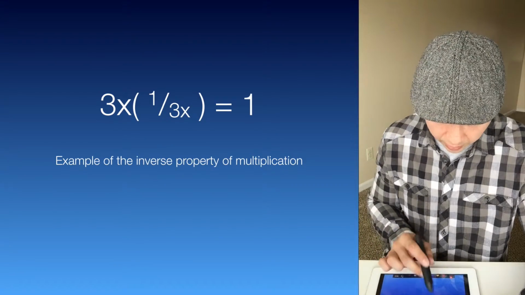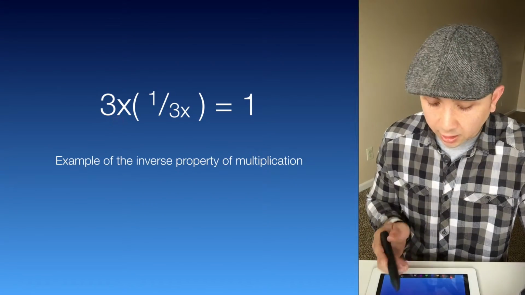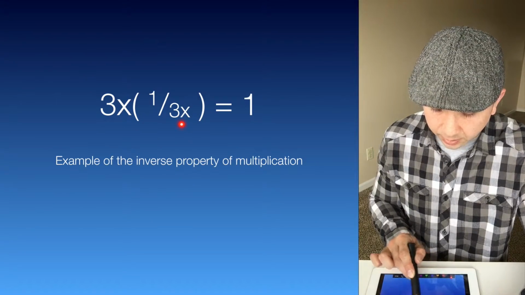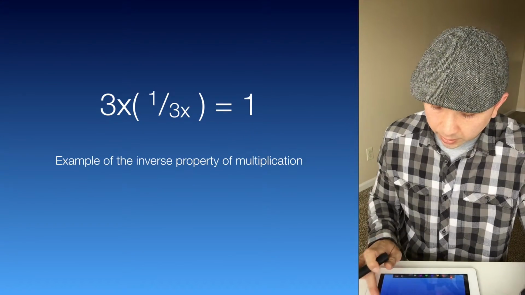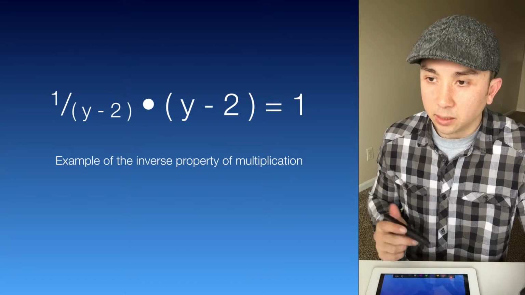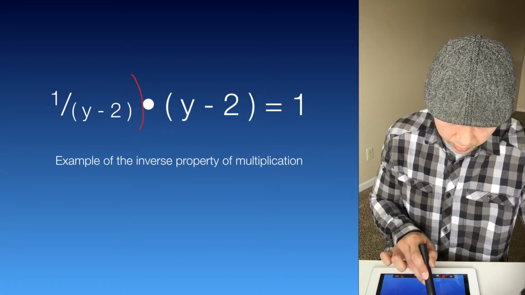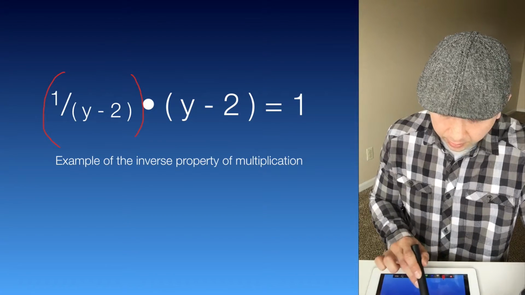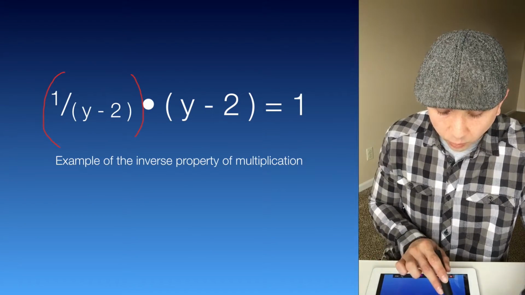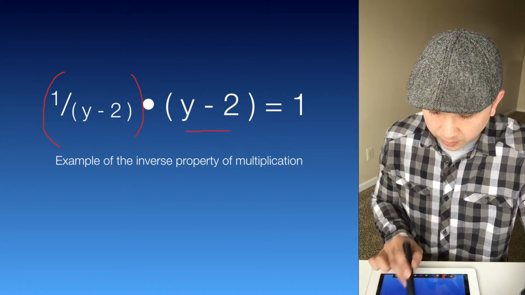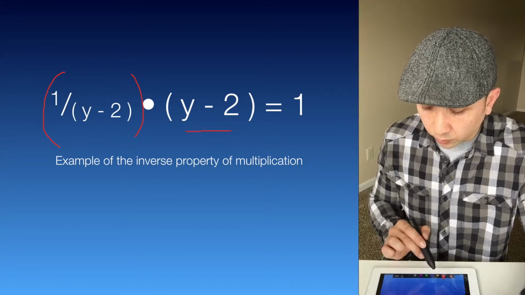Here we have 3x times its multiplicative inverse, 1 over 3x, which equals 1. Now here we have 1 over 2y times 1 over y minus 2 times y minus 2, which equals 1.